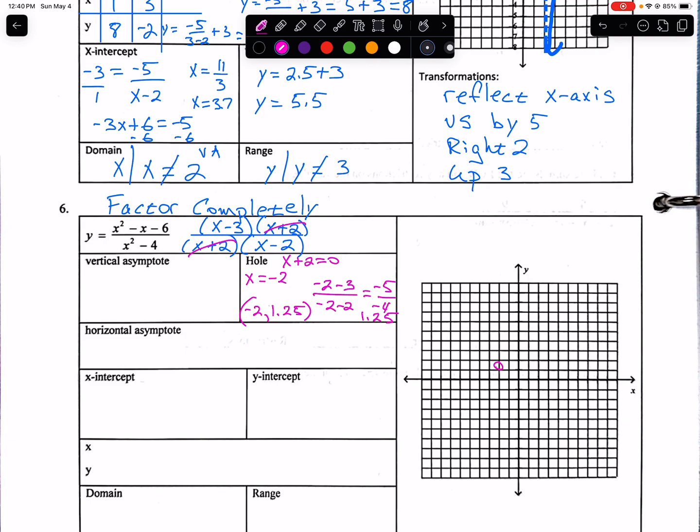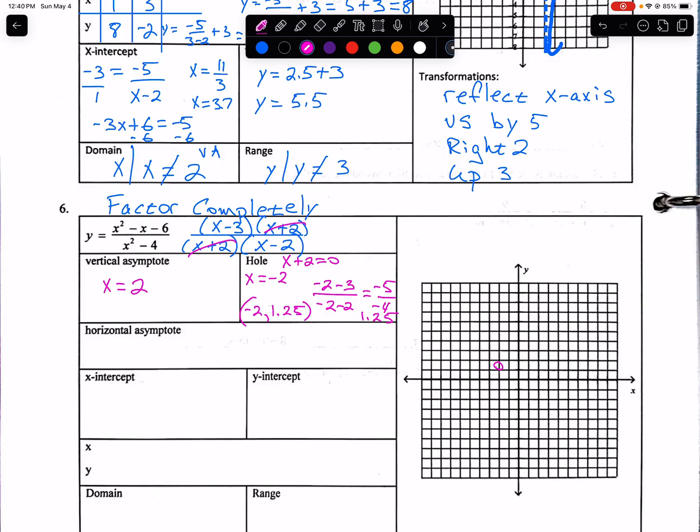Okay. So then the vertical asymptote is 2. Yep. So horizontal. And if you don't remember how it works, I'll tell you. Is it the degree?